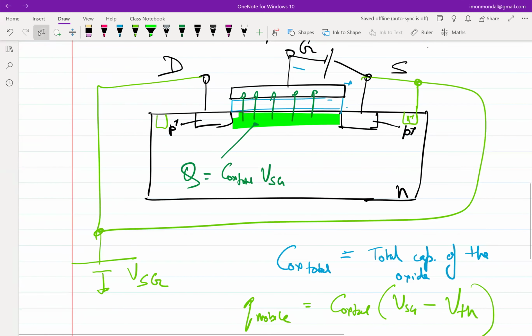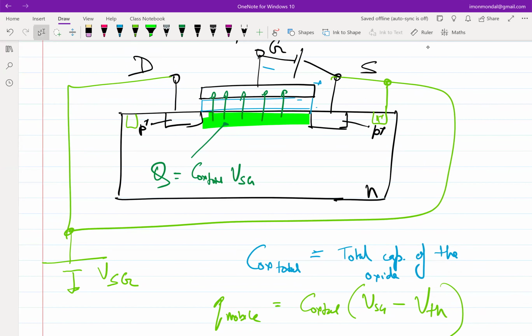This Cox total, same sequence. But Cox total is the capacitance of the capacitor only, or what does it mean by the total capacitance? I'll tell you. That is the next thing in the agenda. So now a natural question is why I'm saying Cox total. I mean, Cox should mean the total capacitance.